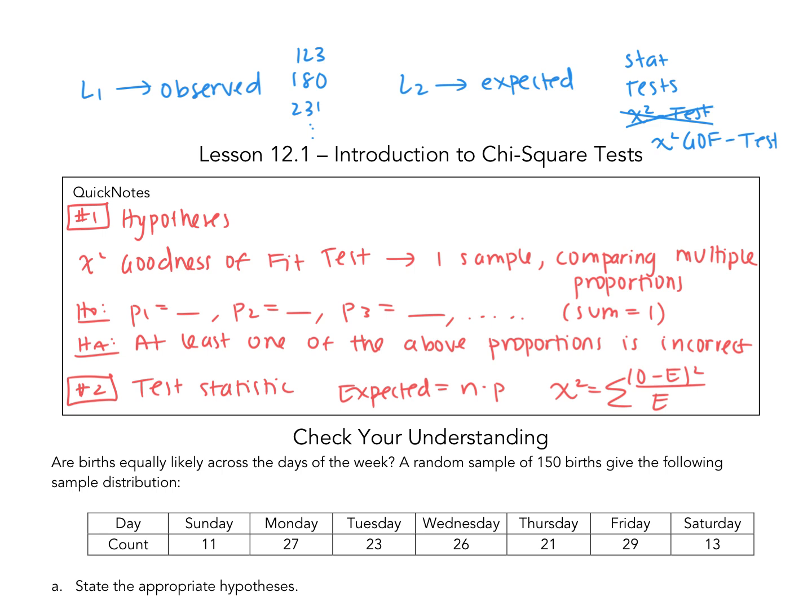Does it? Okay, and then the only thing we haven't talked about so far is degrees of freedom. Every time that we've done degrees of freedom so far, it's been n-1. That's not the case here. So this one is different. It's the number of categories, subtract 1. So in this case, 6 M&M colors, subtract 1.